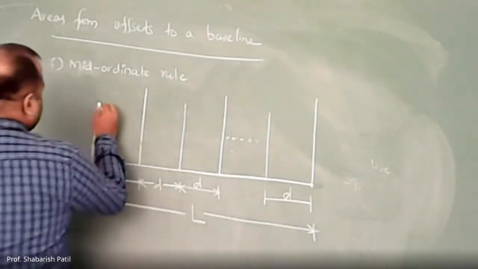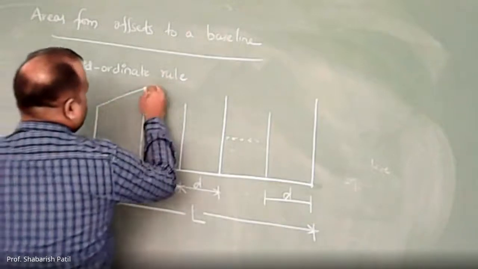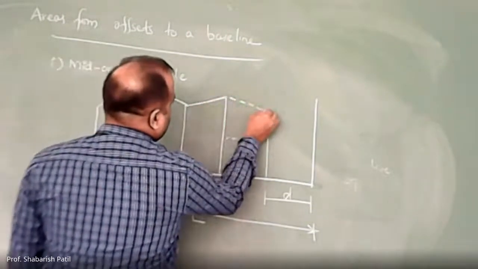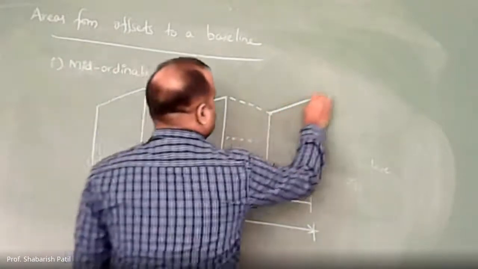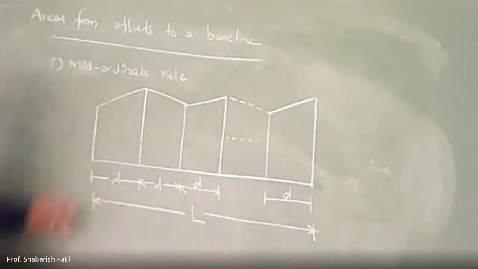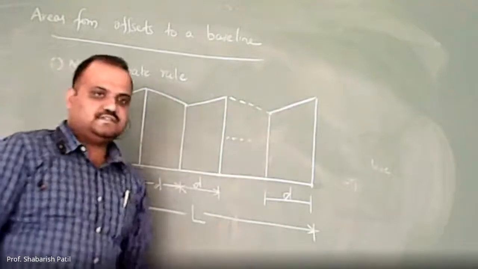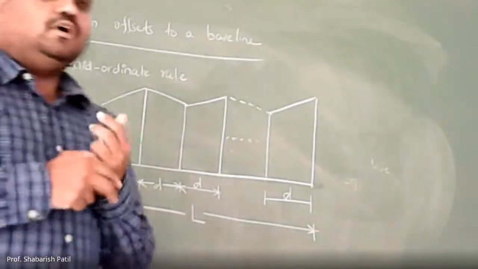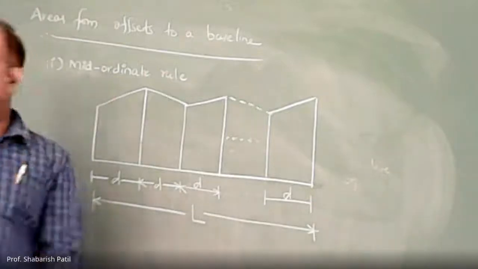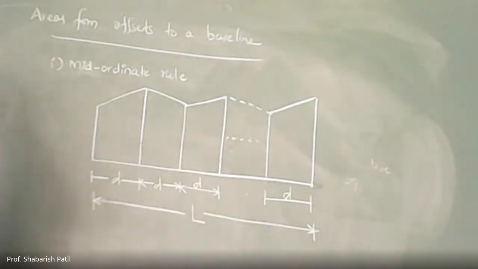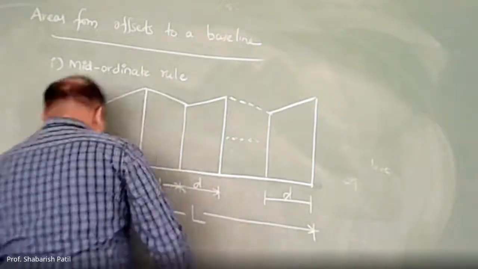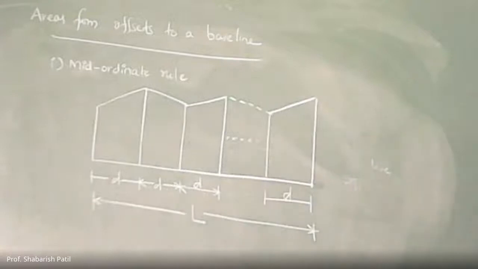Now my assumption is boundaries are joined with straight lines. In the mid-ordinate rule, we measure the ordinate at the center portion of the strip.